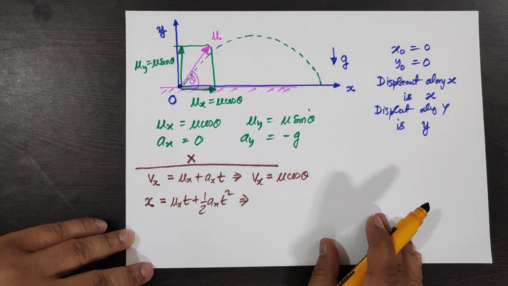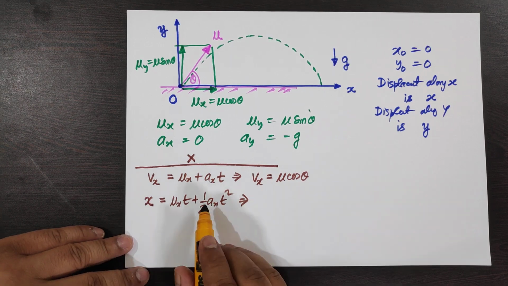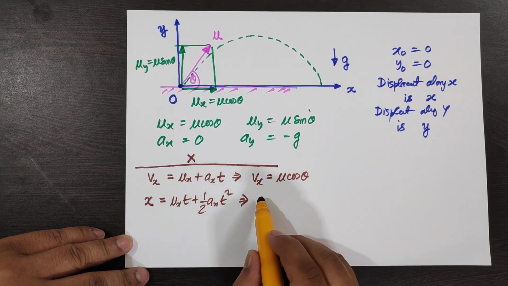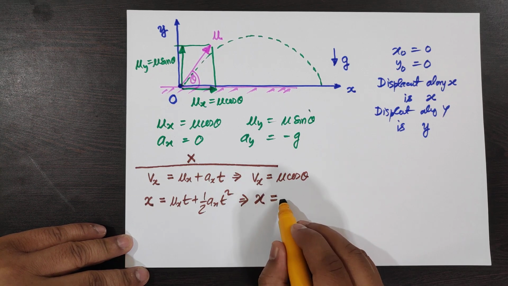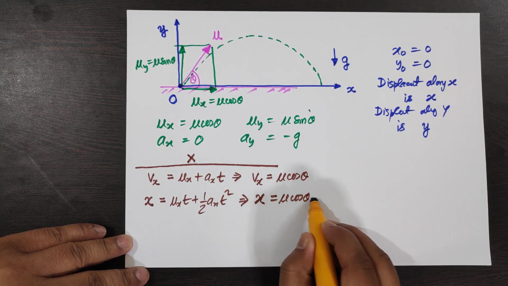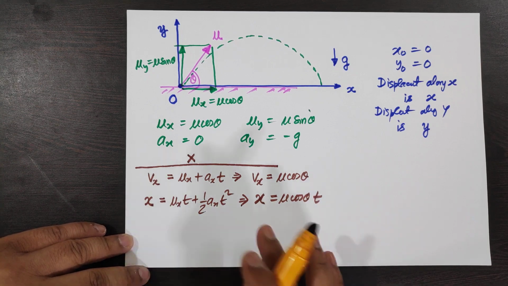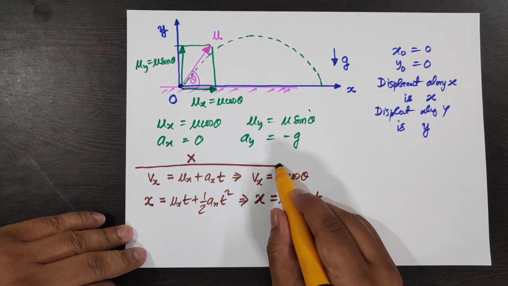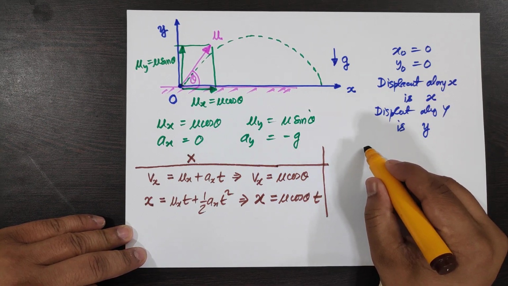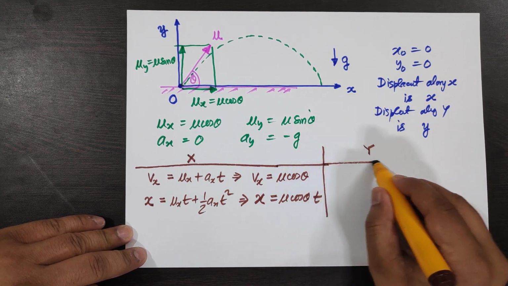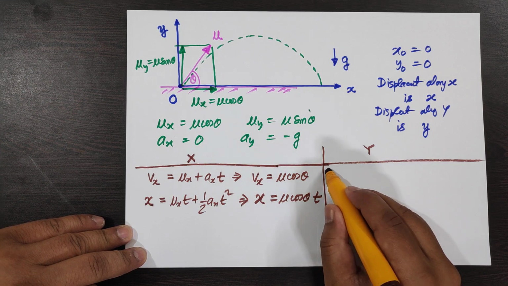It is constant acceleration. See, ax is 0, so x equal to u cos theta multiplied by t. So this is the equation for the x axis.